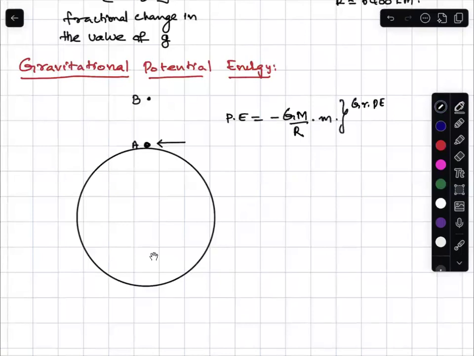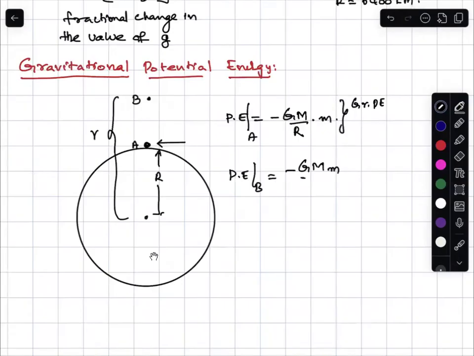It will be negative because it is attracting. Now, for example, this is R and this is small r. Then at A you will write like this. At B you will write this as minus G capital M small m by R.